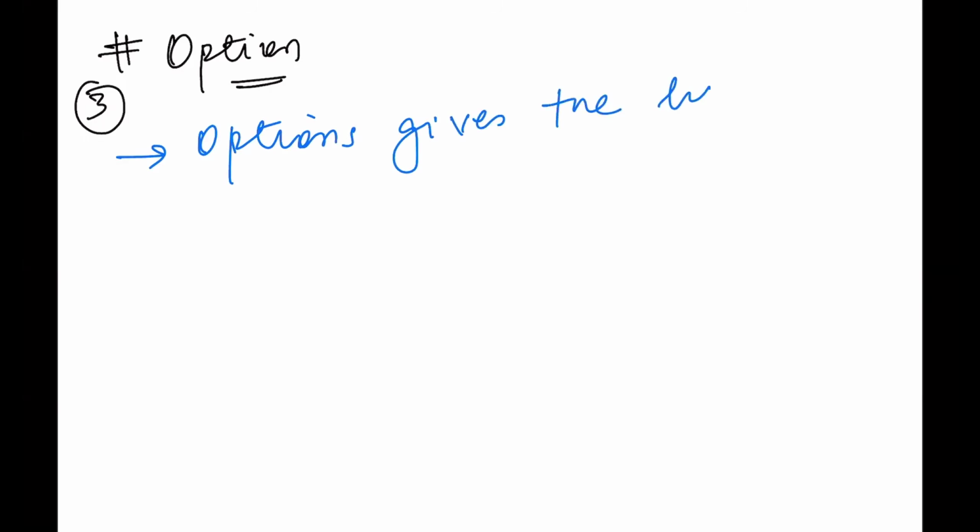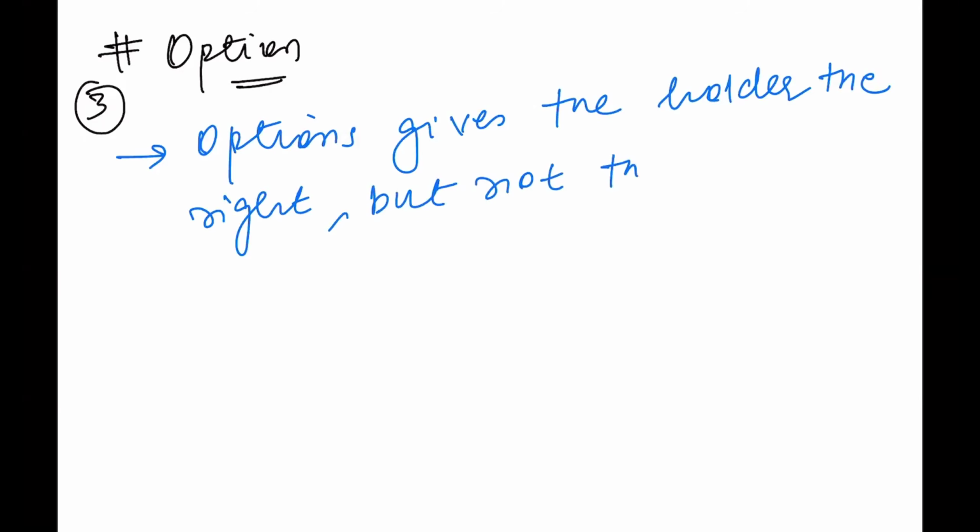Why are options used? Basically, options give the holder the right, but not the obligation, to buy or sell an asset at a predetermined price at a predetermined date. And this is very important.